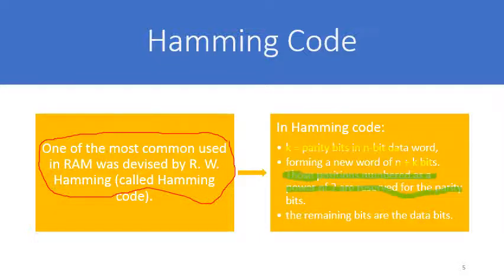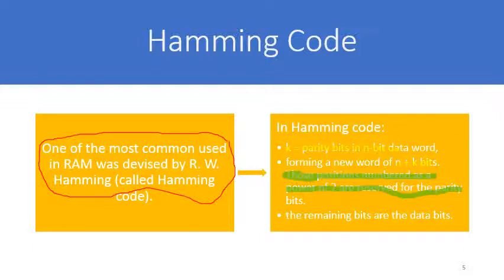So if we are storing n bits, we see which bit placements are a power of 2, for example bit placement 1, 2, 4, 8, 16, 32. These are the placements of the form 2 raised to a power, that is 2 raised power 0 equals 1, 2, 4, 8, 16 and 32. These placements are reserved for the parity bits, and the remaining are the data bits in the total n plus k bits.